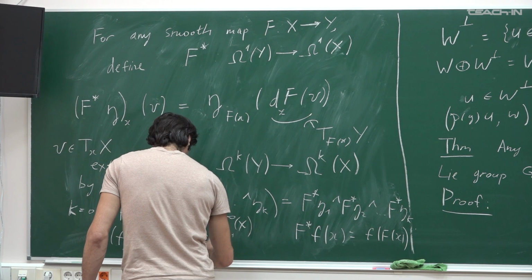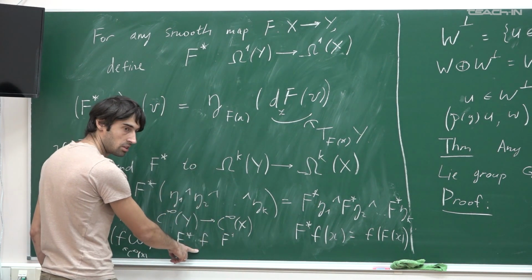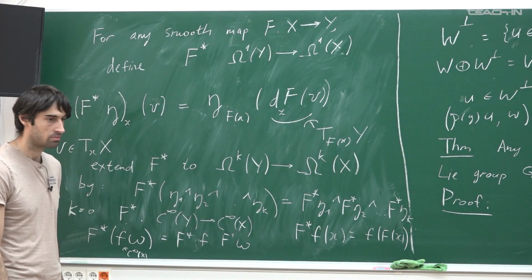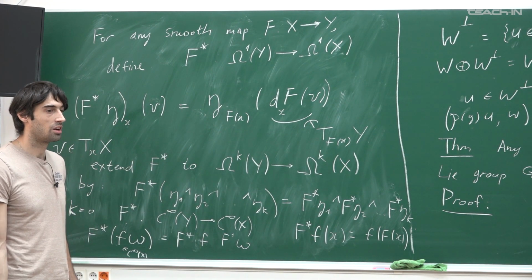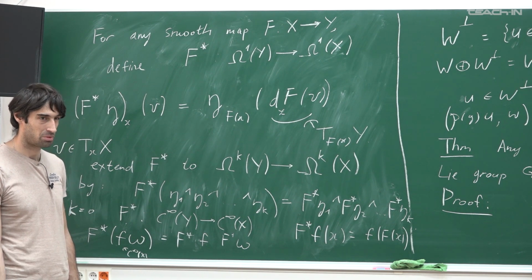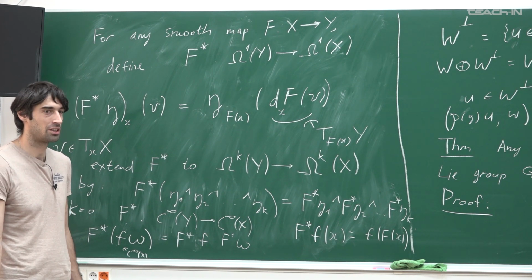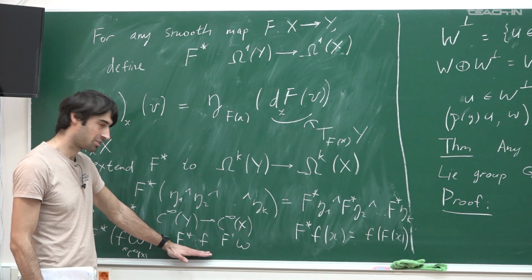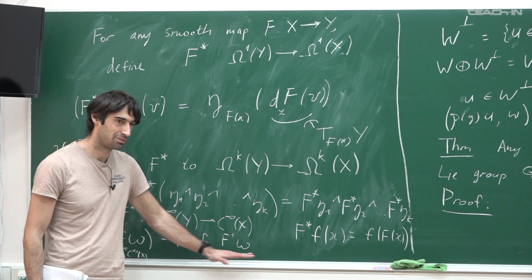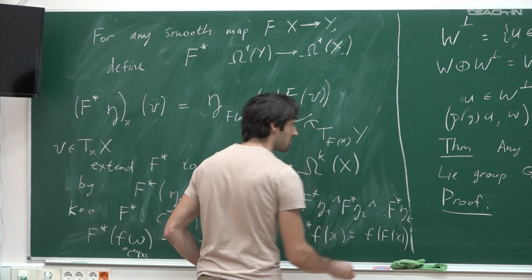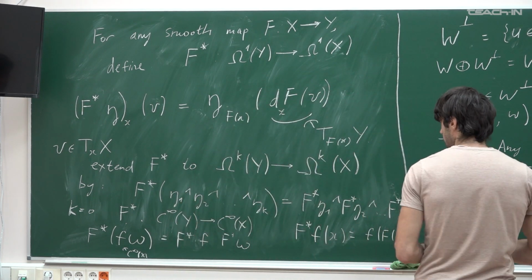This is again some function times some form. So how do you make a change of variables in a form with some coefficient which is a function on x? You change the coefficient in your function and then change the coefficient in the form. Nothing else is written.